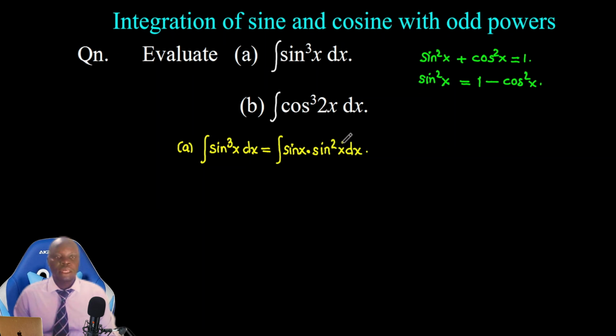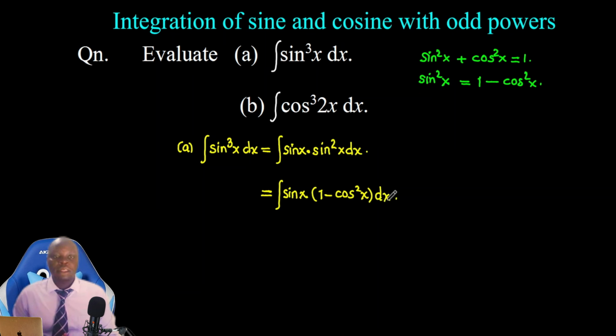So with that, let us make substitution of sine square x with 1 minus cos square x in our next step here. So this is equivalent to sine x is maintained, and inside here we have our 1 minus cos square x, with respect to x.